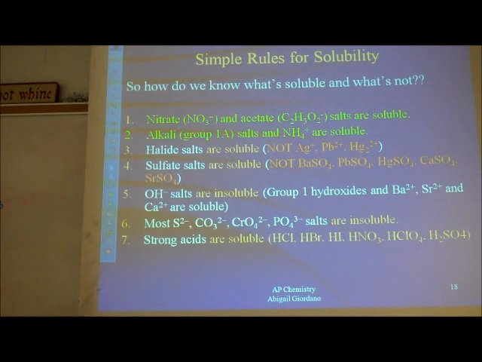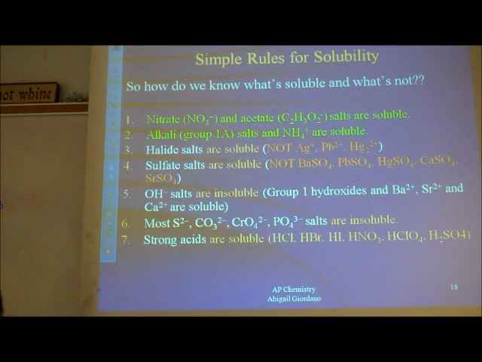Now, let's just look at them for a second. Let me just, again, set the stage for how these are going to be used. I am going to give you questions in just a minute, and on our next test, where I give you the reactants in words, not chemical symbols, words, and the reactants only.